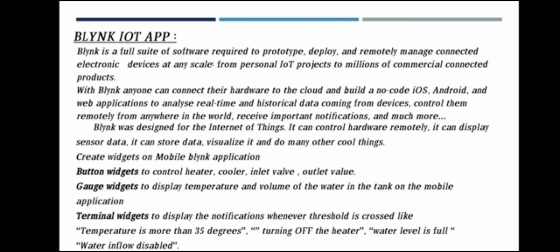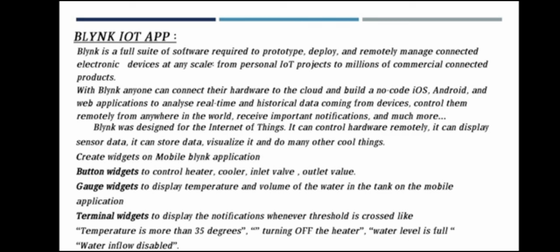Blink IoT app. Blink is a full suite of software required to prototype, deploy, and remotely manage connected electronic devices at any scale, from personal IoT projects to millions of commercial connected products. With Blink IoT, anyone can connect their hardware to the cloud and build no-code iOS, Android, and web applications to analyze real-time and historical data coming from devices, control them remotely from anywhere in the world, receive important notifications, and much more.